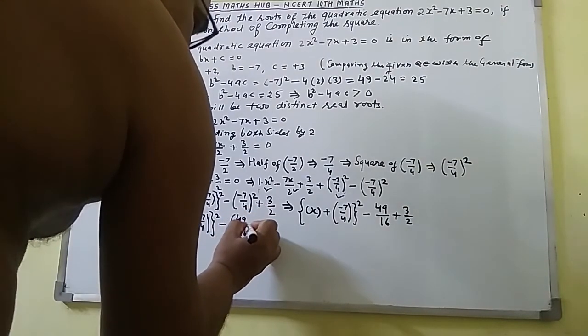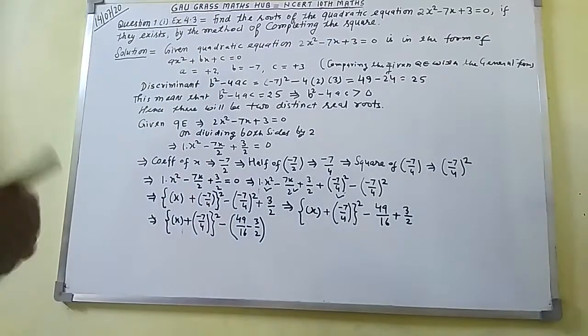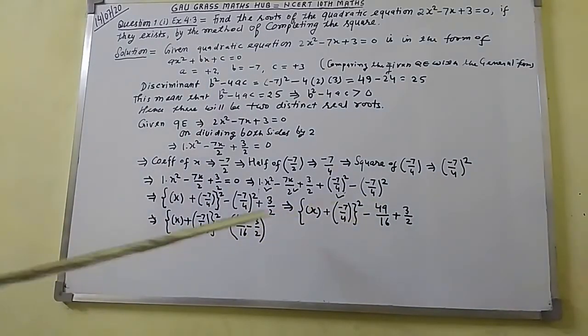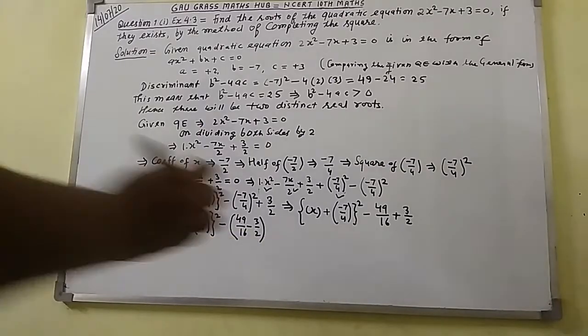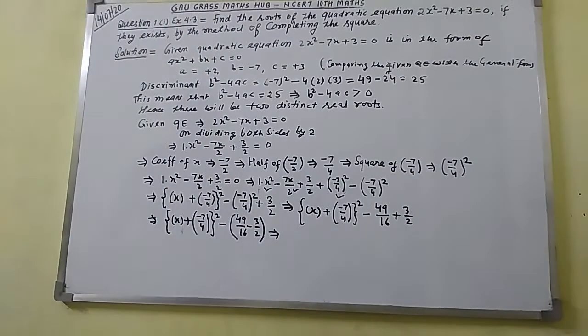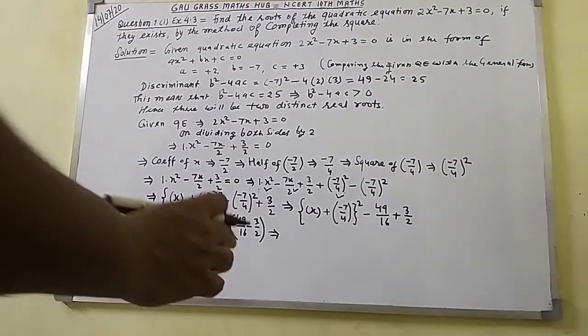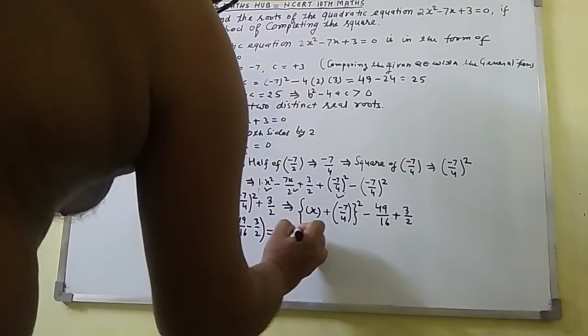49/16 minus 3/2. It will become like this. Here I have taken minus common, so in bracket it comes out to be 49/16 minus 3/2. Now do the operation next. This will become 0.